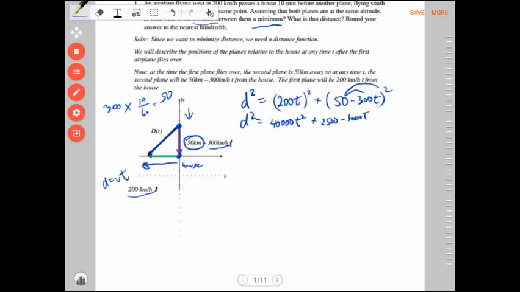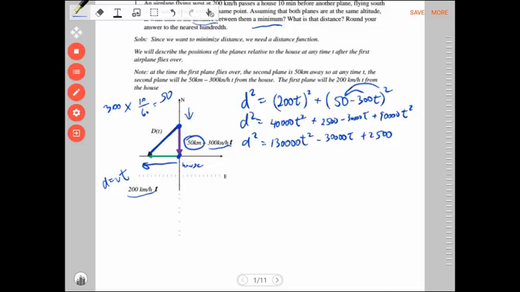And then negative 300t squared is plus 90,000 t squared. All right, so now we just combine like terms. 40,000 and 90,000 is 130,000 t squared minus 30,000 t plus 2,500.